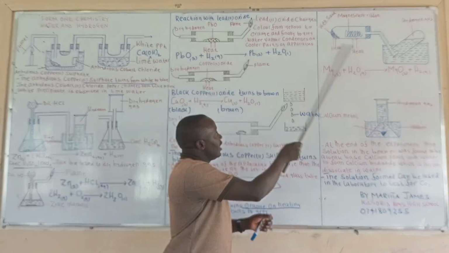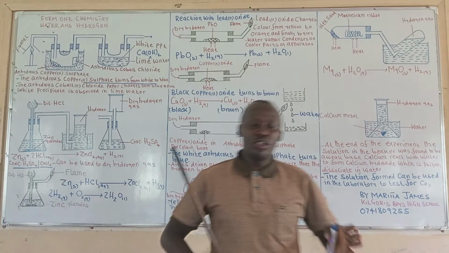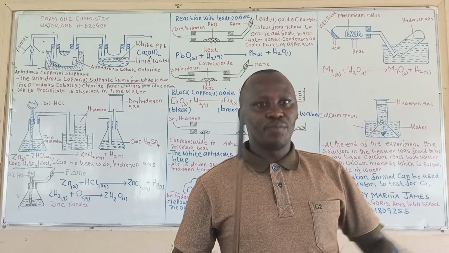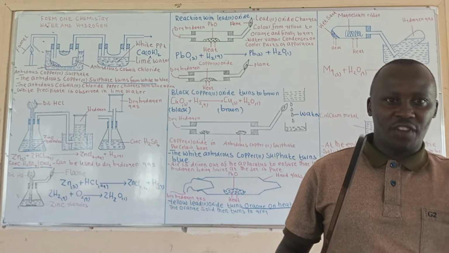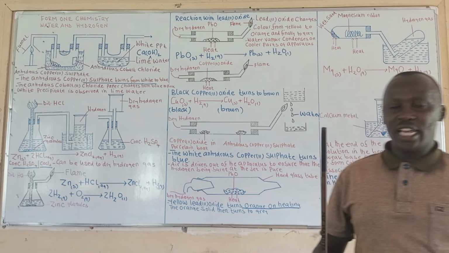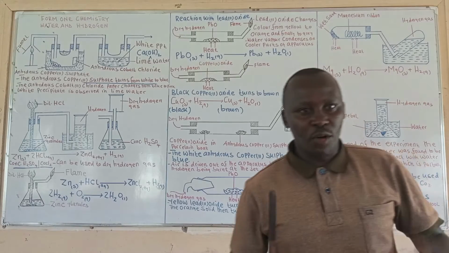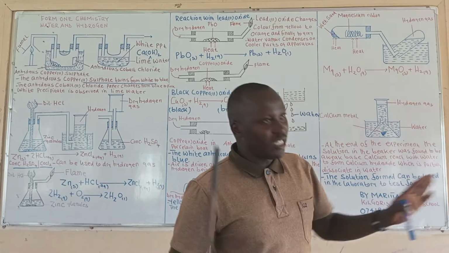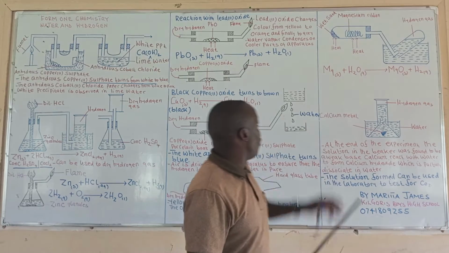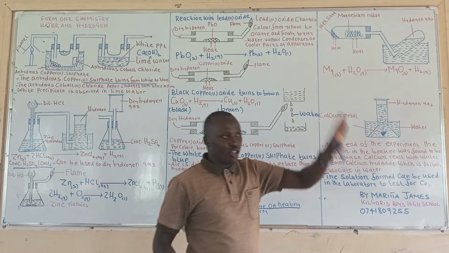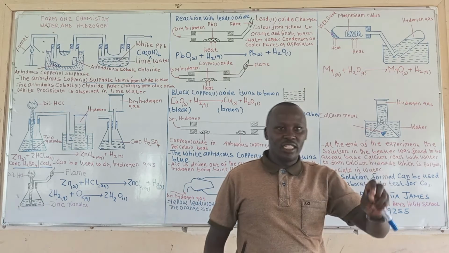Therefore, the magnesium ribbon should not be heated first. If the magnesium ribbon is heated first, it will react with the air in the tube, forming magnesium oxide, which does not react in this case with the steam. Therefore, the sand or the cotton wool must be heated first.